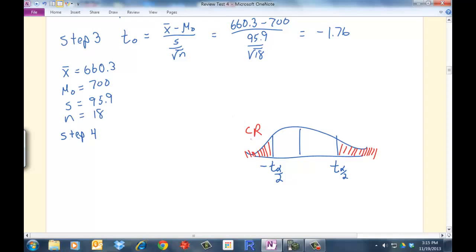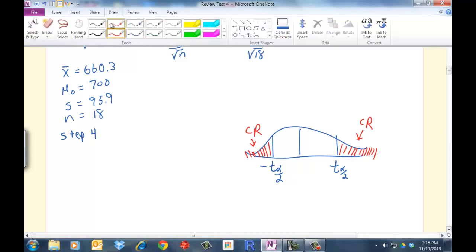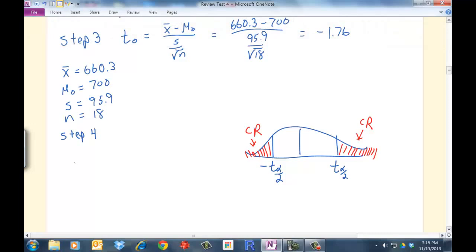Critical region here and critical region here. To find minus t alpha by 2 and positive t alpha by 2, we're going to use the inverse t with alpha divided by 2 and degrees of freedom. Remember, alpha over 2 we have to use when we're dealing with a two-tailed test.